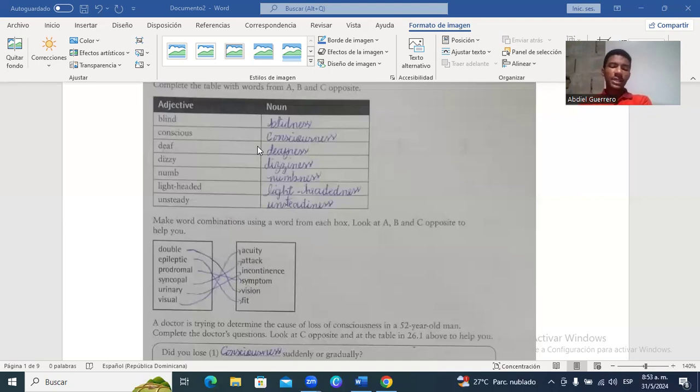A doctor is giving instructions to the patient during examination of the motor system. Identify what the doctor is assessing in each case. Look at A opposite to help you. I'd like you to relax. I'm just going to move your arm up and down. Muscle tone. Can I see your hands?